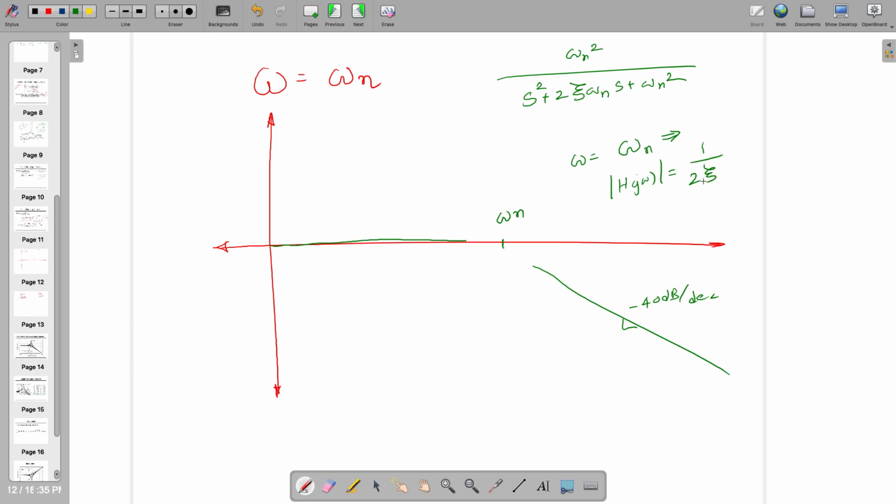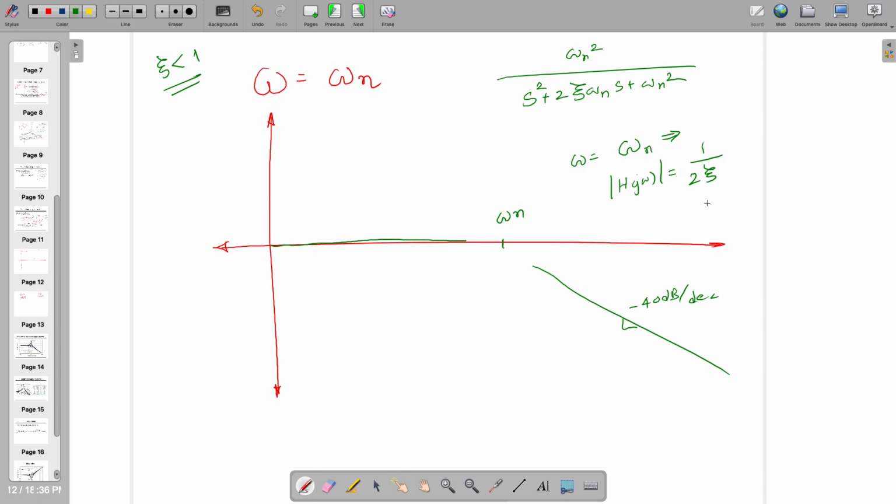We already learned that if zeta is greater than 1, the situation is under control, no problem, because there are two separate poles. I can handle them. But the situation when zeta is less than 1, this is what we want to look at here.